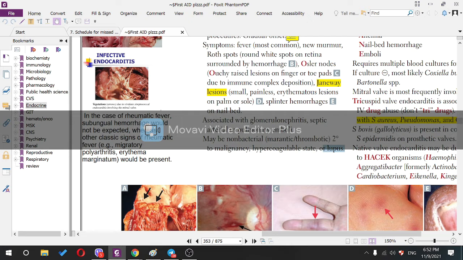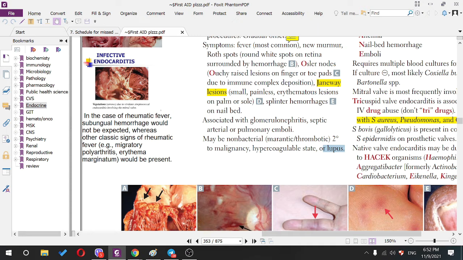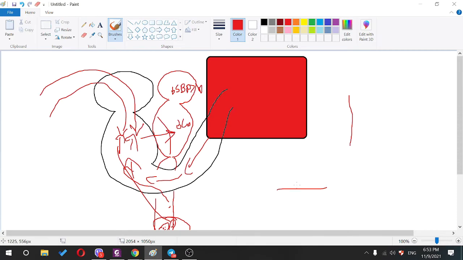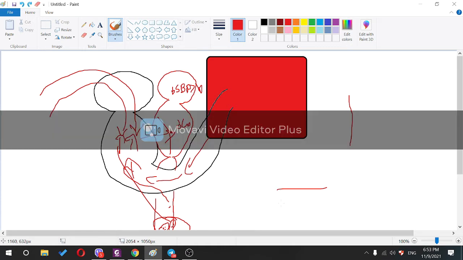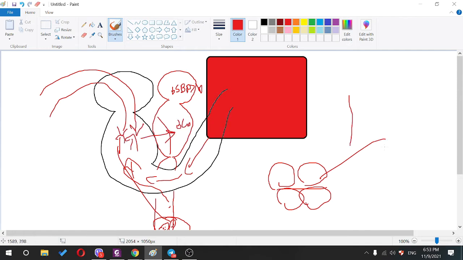Well, first of all, obviously it will not be septic vegetation, but the vegetation will be covering two sides of the valve. Normally in endocarditis, they only cover one side. But in case of Libman-Sacks endocarditis secondary to lupus, they affect the lower side and the upper side. And if you take a histological specimen of them, they do not have bacteria, just immune complexes.